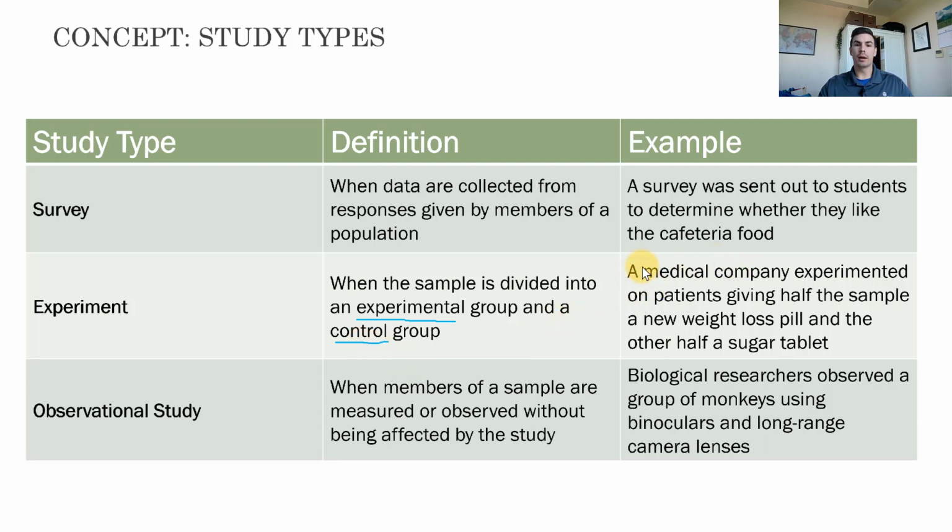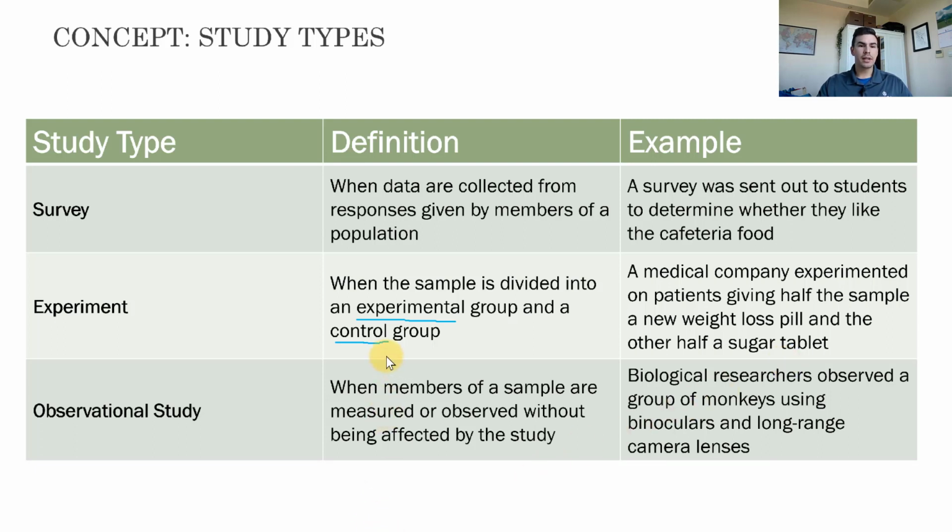So if you were a medical company and you were trying to determine the effects of some sort of diet pill, some weight loss pill, you might take a certain 100 people, right, and give 50 of them the weight loss pill, and then you might give the other 50 just a little sugar tablet. So they're not actually getting the pill, they're getting what we would call a placebo. And you might take a look at the different effects that the experimental group has compared to the control group, who's really not actually being affected by your study.